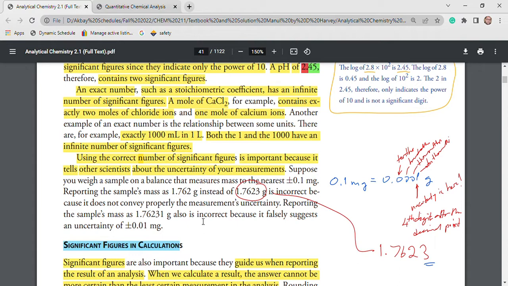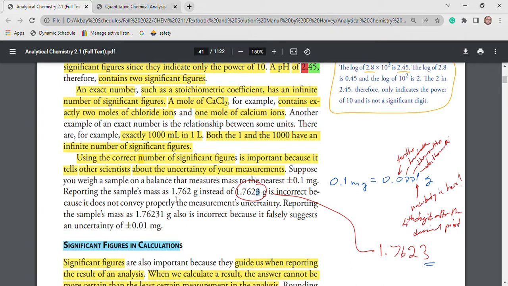For example, if a balance measures mass to the nearest plus or minus 0.1 milligram, we need to report it as 1.7623, because 0.1 milligram is 0.0001, so the uncertainty is at the 10,000th place, and the 10,000th place is here.